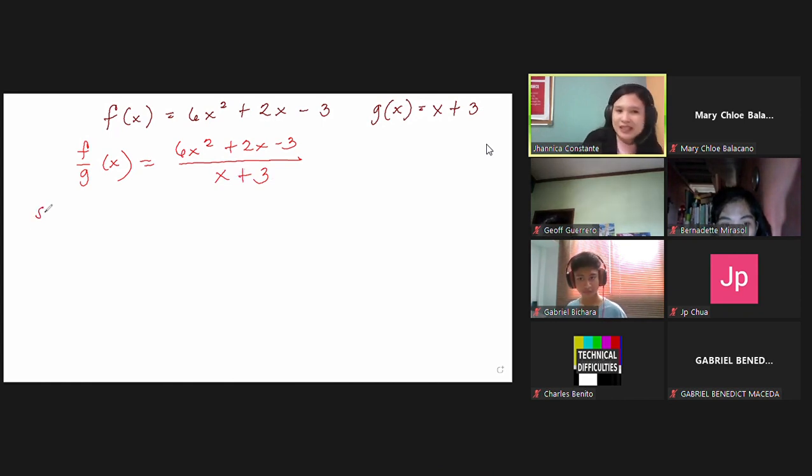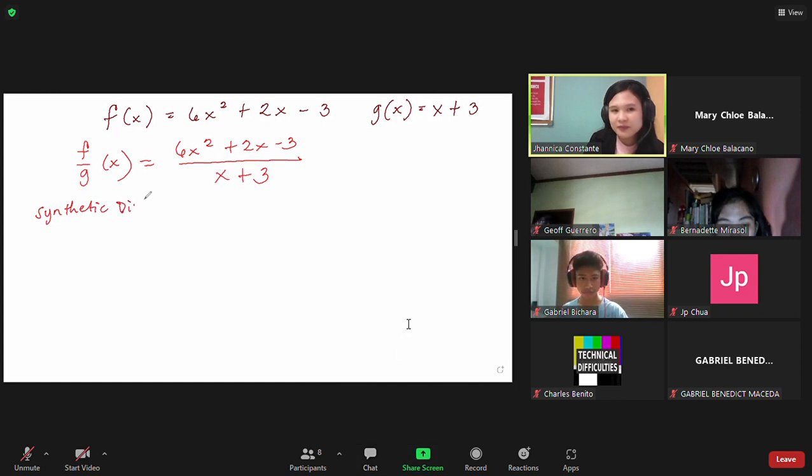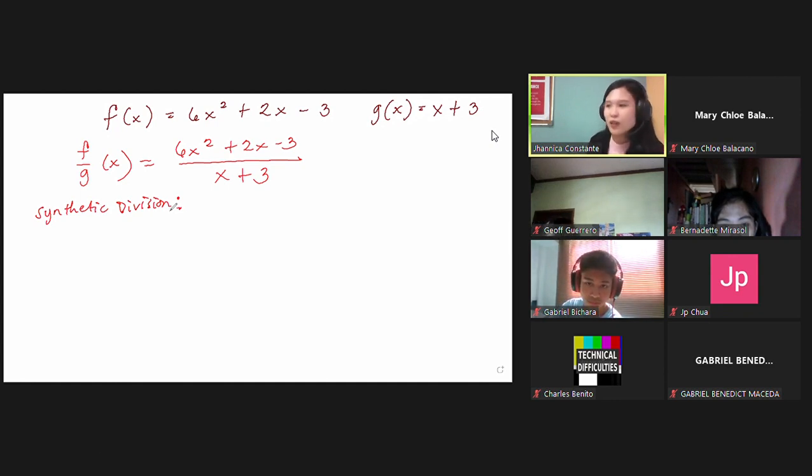So using the synthetic division again, you need to get the coefficient and the constant number of each term that you have in the f of x.